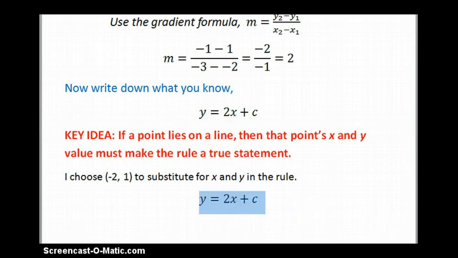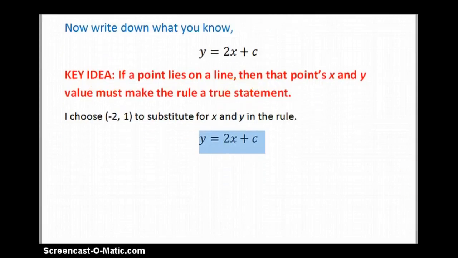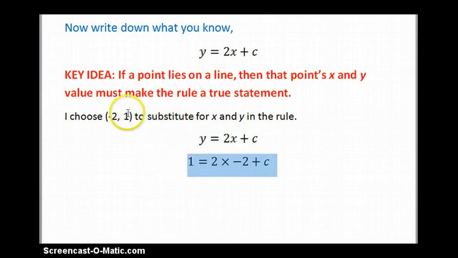So there's our rule. We'll just paste it again so you can see it a bit better. And now I'm going to replace the values. So y is 1, that comes from there. There it goes, straight in. And x is -2. So I've got, remember there's an invisible multiplier there, so it's 2 times -2 plus c.